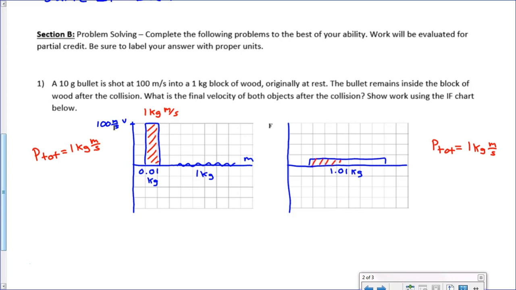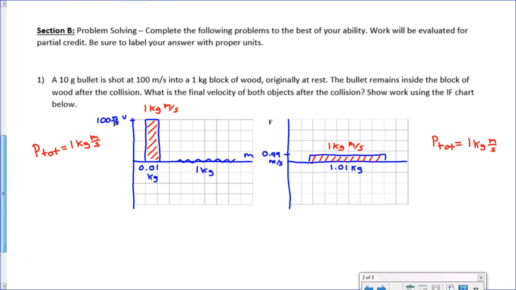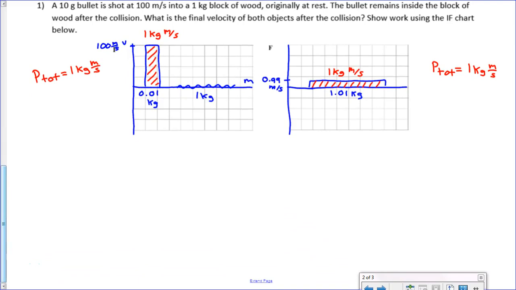We know that the momentum here then, because there's just one object, has to be the total momentum, 1 kilogram meter per second. All right, and then we can calculate the velocity by taking the momentum and dividing it by the mass. And when we do that, we get 0.99 meters per second. All right, and so that is the answer there. The final velocity of both objects is 0.99 meters per second.